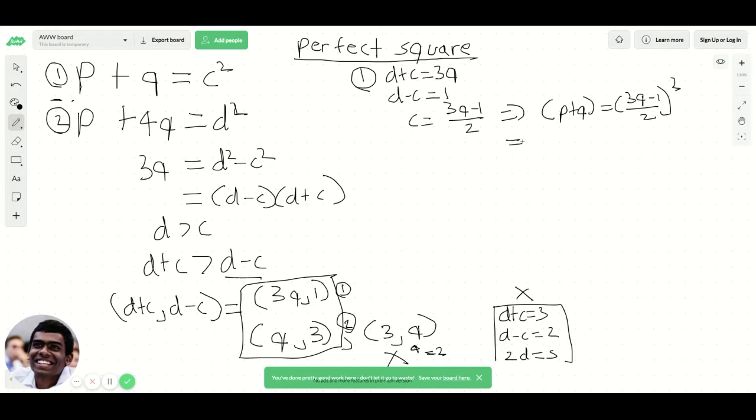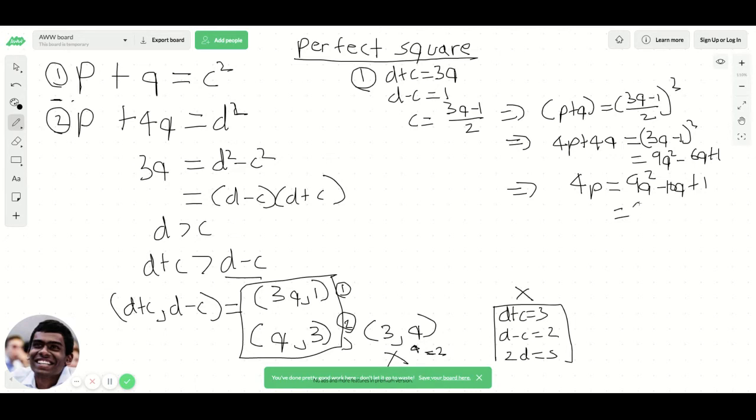If we expand this out, taking the 2 squared at the bottom and bringing it up, we get that 4p plus 4q is equal to (3q minus 1) all squared, or 9q squared minus 6q plus 1. Then we move all the q's over to one side, so that 4p is equal to 9q squared minus 10q plus 1.